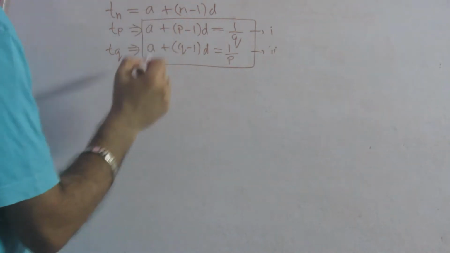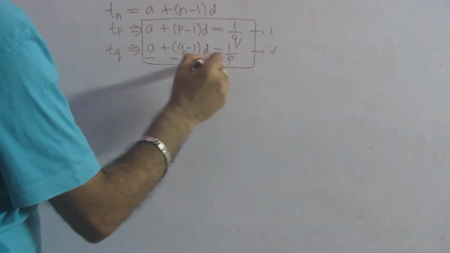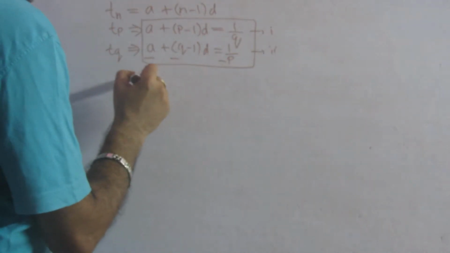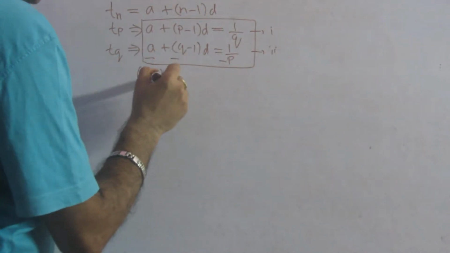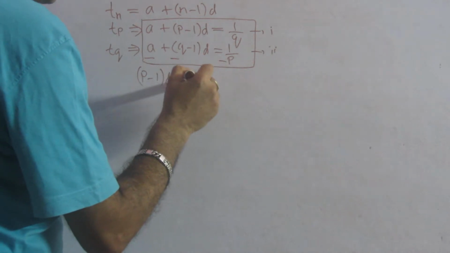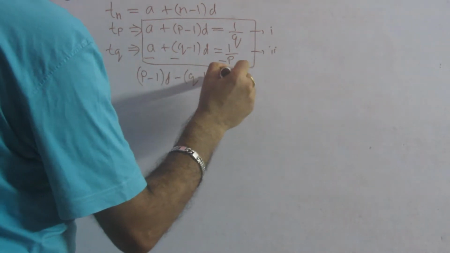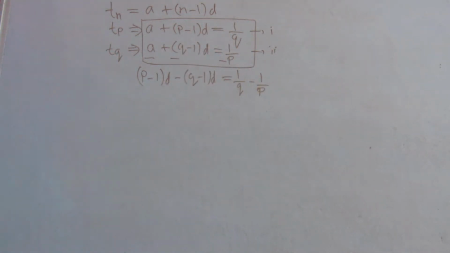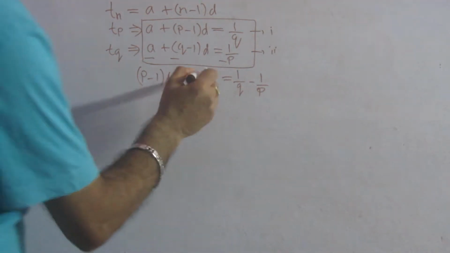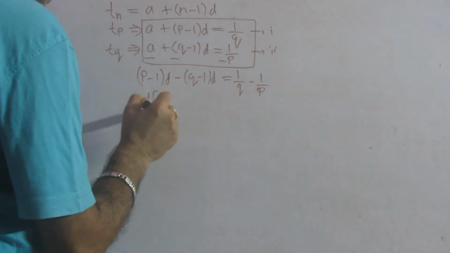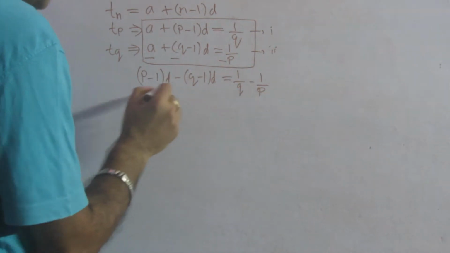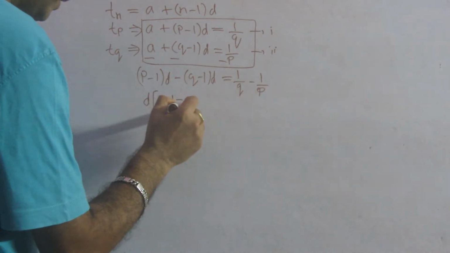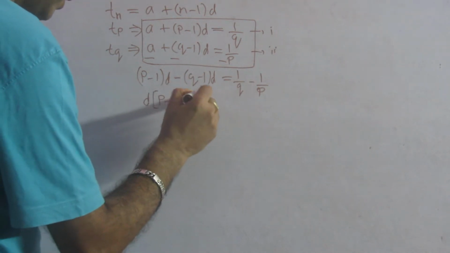If I subtract 2 from 1, what will I get? This is minus, minus, minus. So a and minus a go away. We get (p minus 1)d minus (q minus 1)d equals 1 by q minus 1 by p. Okay. Now take d common and we are left with (p minus 1), and there is a bracket and a minus sign, so q becomes minus and minus minus is plus 1.